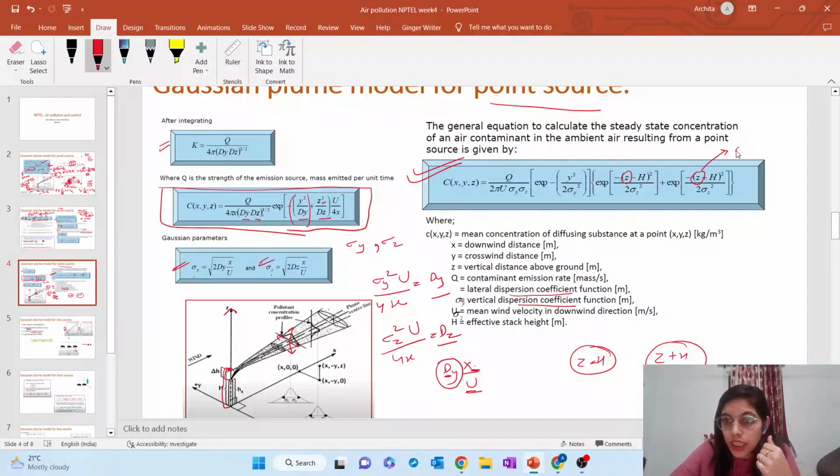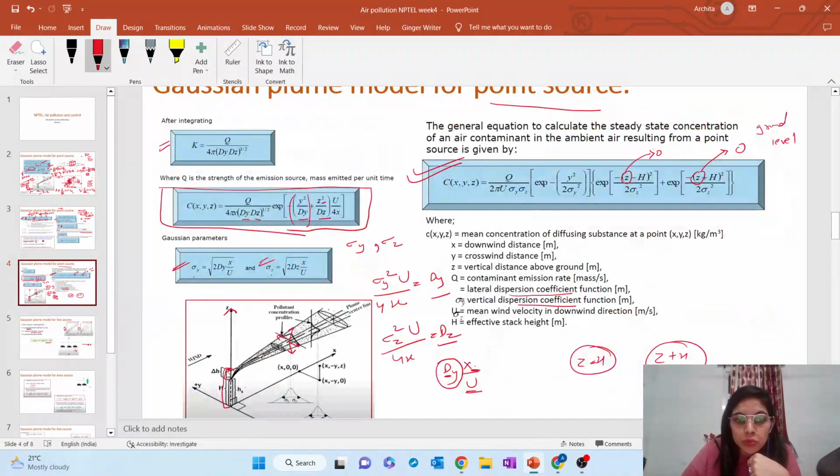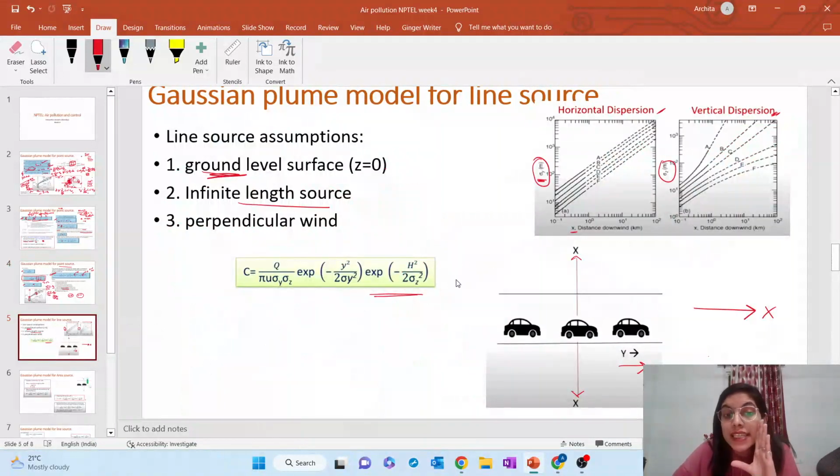If you put z as 0 for ground level, the equation becomes like this, where this is the same, only h square by 2 sigma z square. So only the height of the stack plus the height of the plume is affecting, not any diffusion or motion in the z direction.